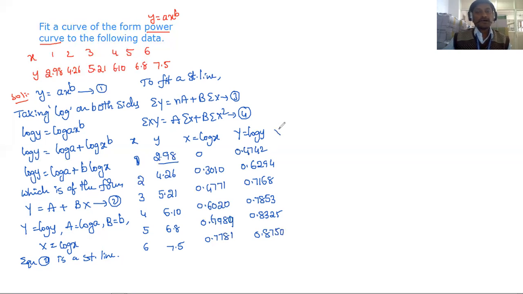And next, what remains is capital X square as well as capital XY. Don't forget it.